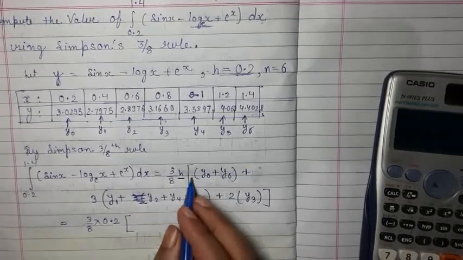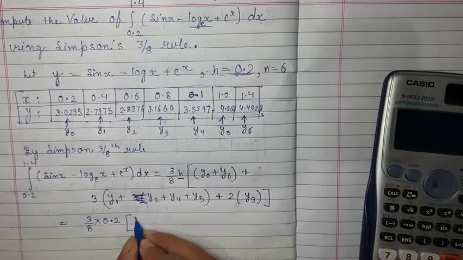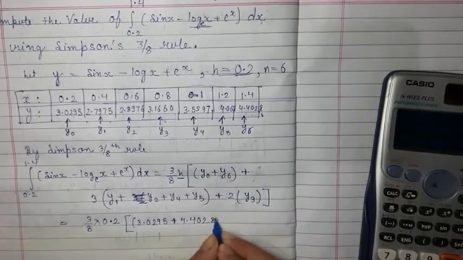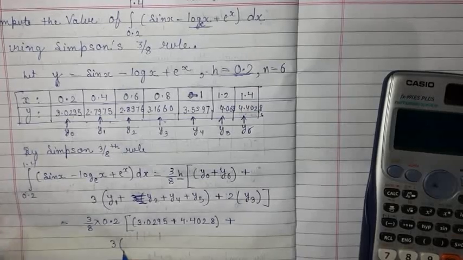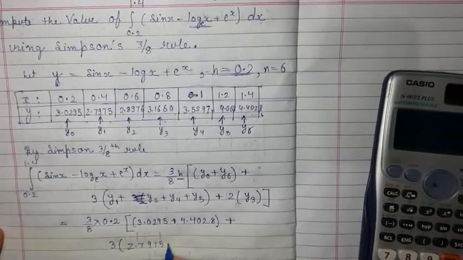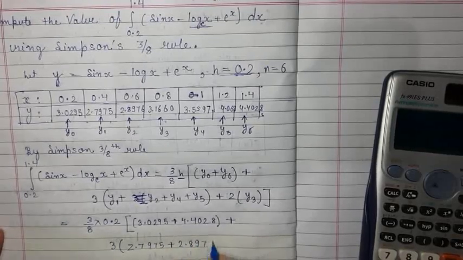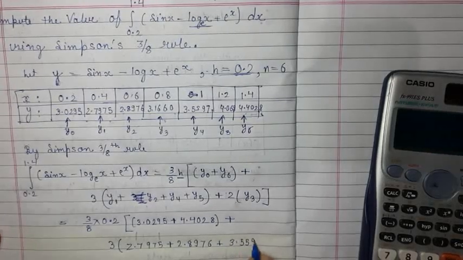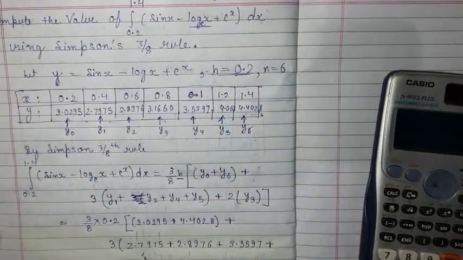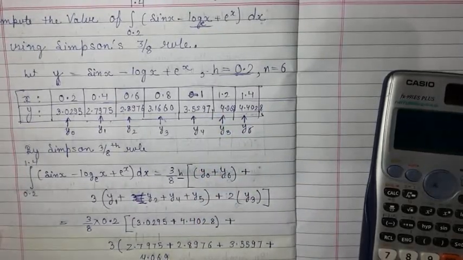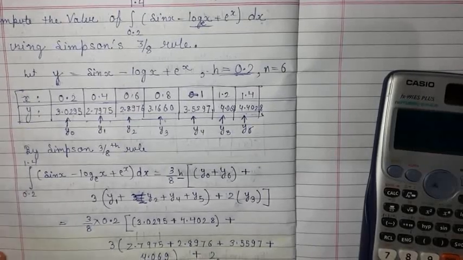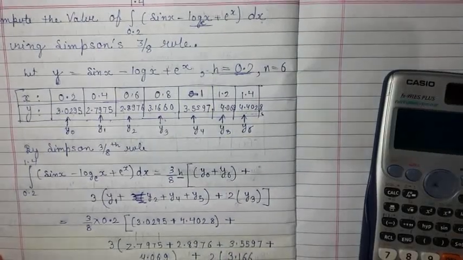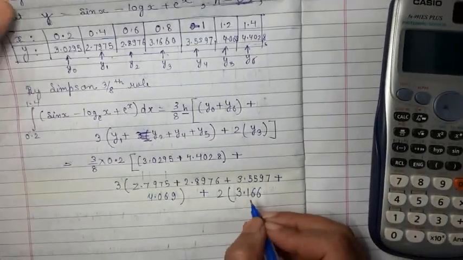Here y0 is given as 3.0295 plus y6 is 4.4028 plus 3 into y1 is 2.7975 plus y2 is 2.8976, y4 is 3.5597 and y5 is 4.069, and afterwards plus 2 multiplied by y3, which is 3.1660.